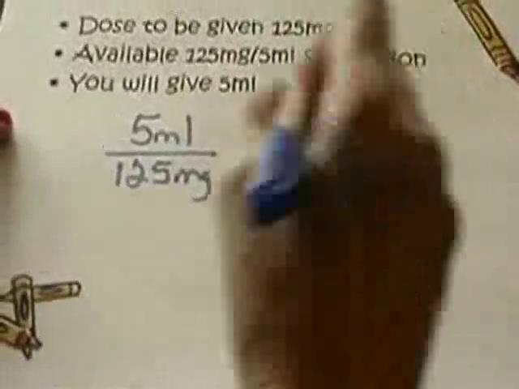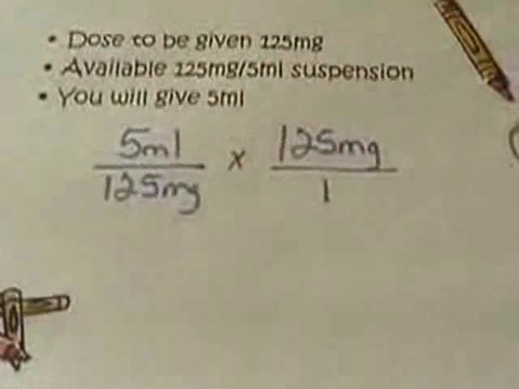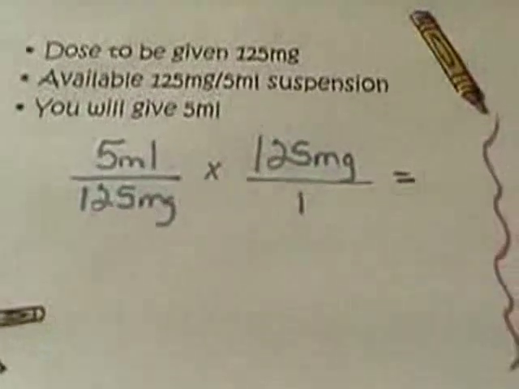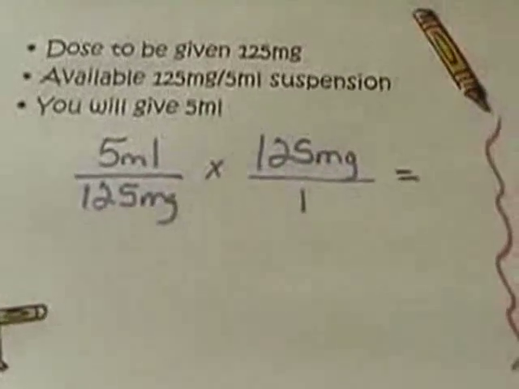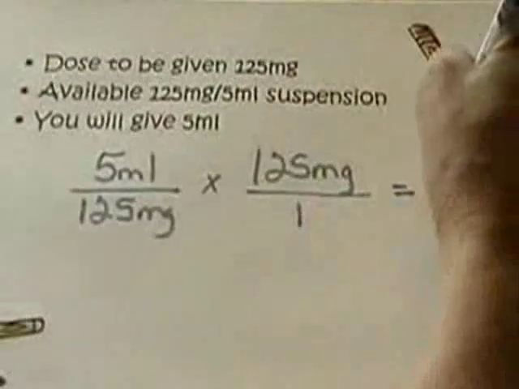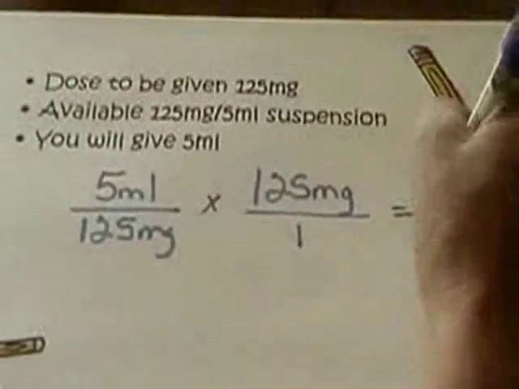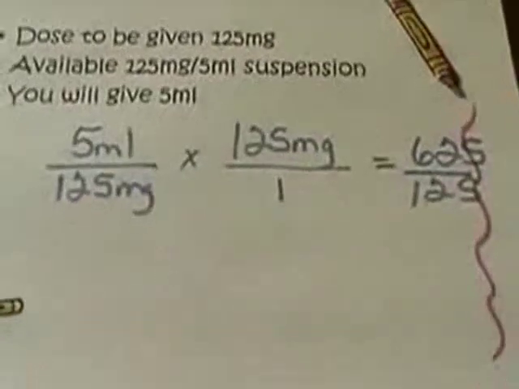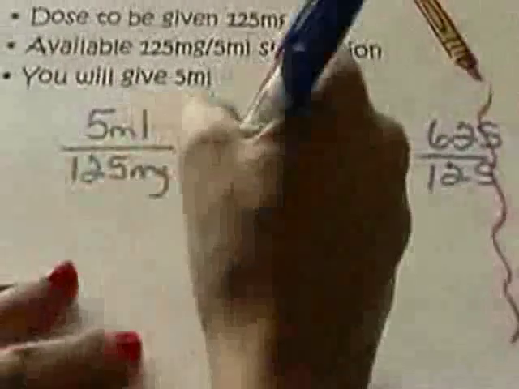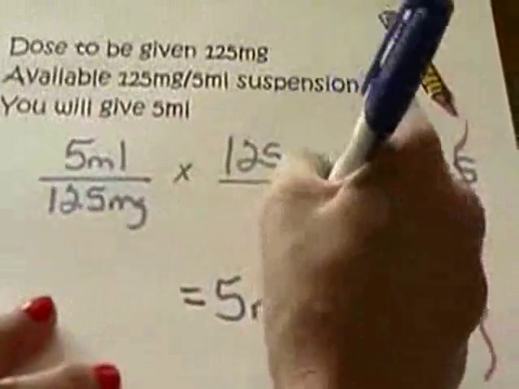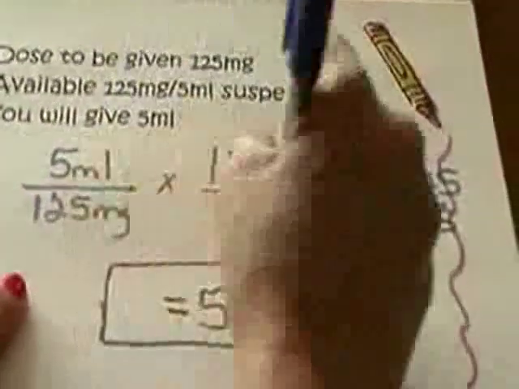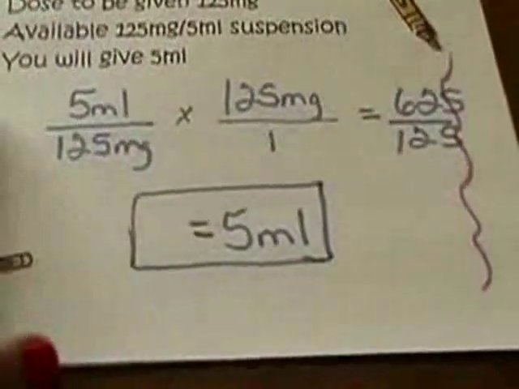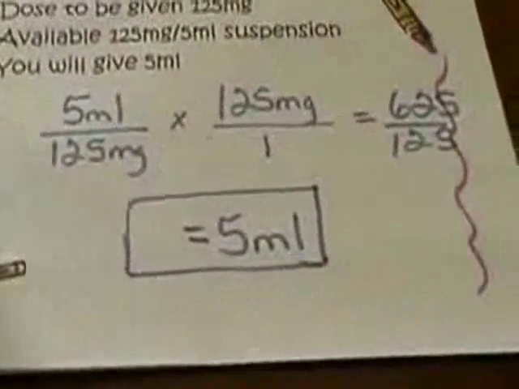So, how many milliliters are we going to give? 125 times 5 equals 625 divided by 125. So 625 divided by 125 equals 5 milliliters. So that's how much suspension you would deliver for this medication: 5 milliliters.